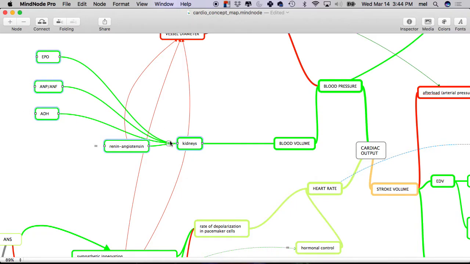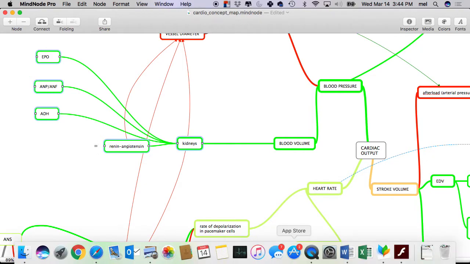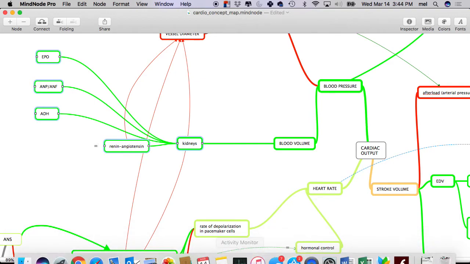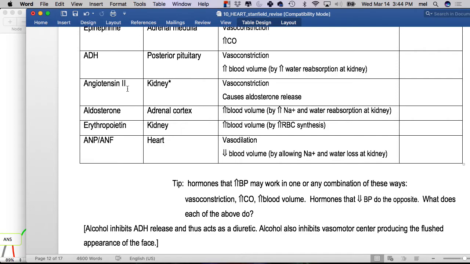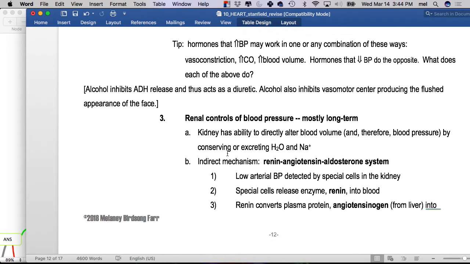Those are all kidney related, either coming from or going to the kidneys. Erythropoietin, yeah. And then the renin-angiotensin system is what we are going to talk about now. We kind of implied it, it's the one we were talking about right here, angiotensin 2. But I have to tell you the whole story or it's not going to make sense.